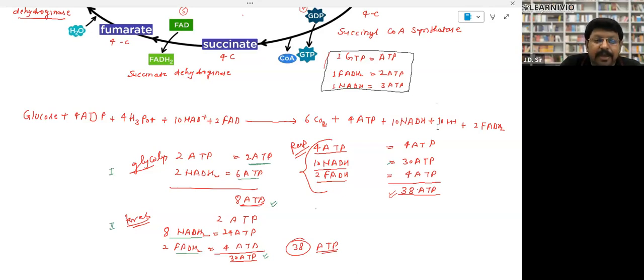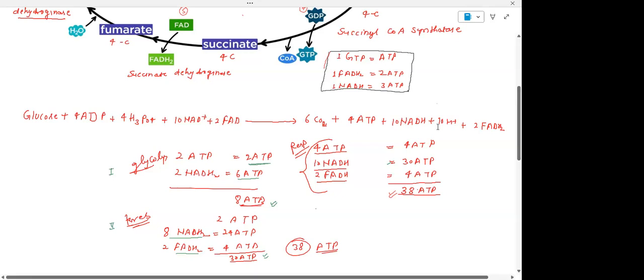That's how the complete oxidation of a glucose molecule generates 38 ATP energy. That's it, this is all for today.